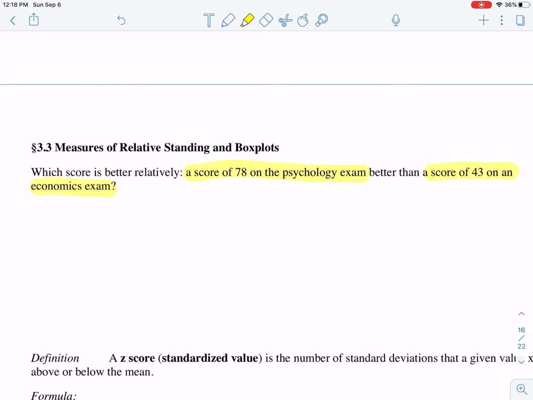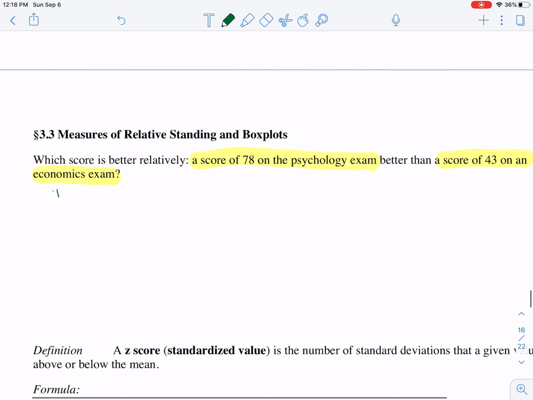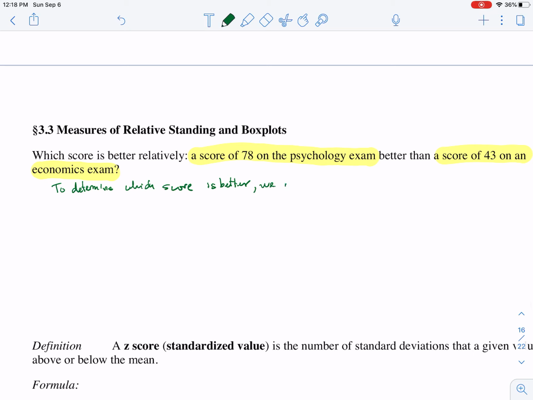So to answer this question, to determine which score is better, we need some more information.